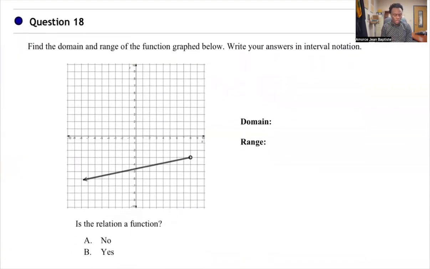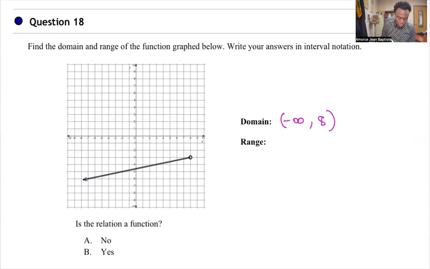Another situation here. So we're looking for the domain first. Under x, this means it never stops on the left, but it starts here. x equals 8, but we're going to keep it open because it's not a closed circle. It's an open circle. So it goes from negative infinity left to 8 with a parenthesis because it did not close.